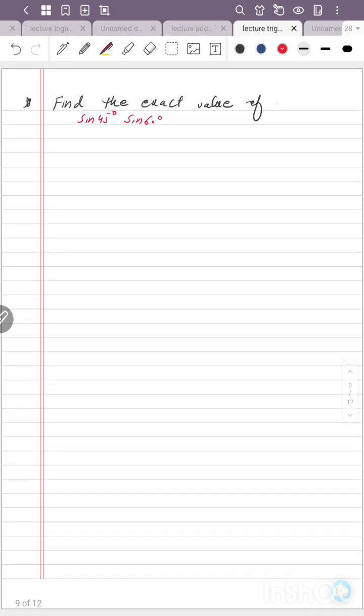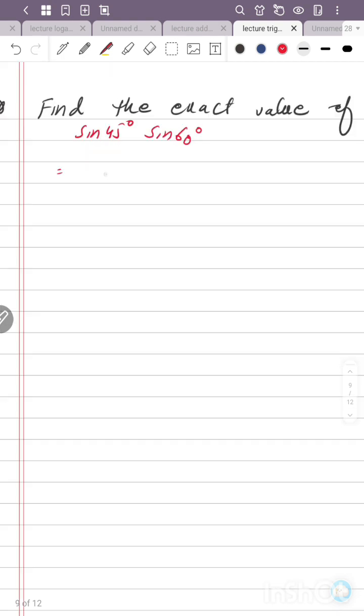Okay dear students, we have a next question: find the exact value of sine 45 and sine 60 degree. Sine 45 we know its value is 1 by square root 2, and sine 60 we know its value is square root 3 by 2.